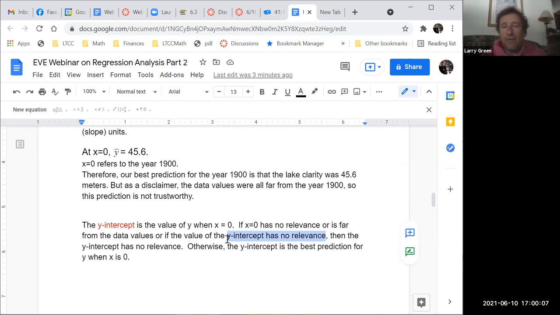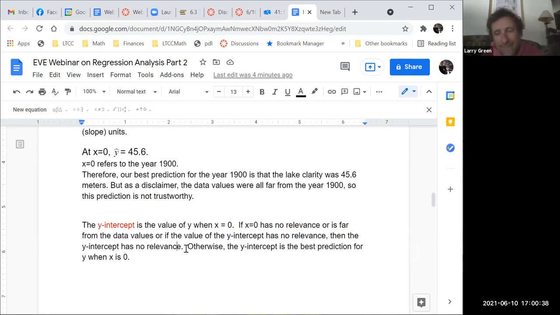Then you might get a y-intercept of, say, 10,000. That would have no relevance, because our lake can't be 10,000 meters deep, because the mountains aren't even that tall. So sometimes the y-intercept has no relevance, doesn't mean anything. If any of those happen, then you just say the y-intercept has no relevance.